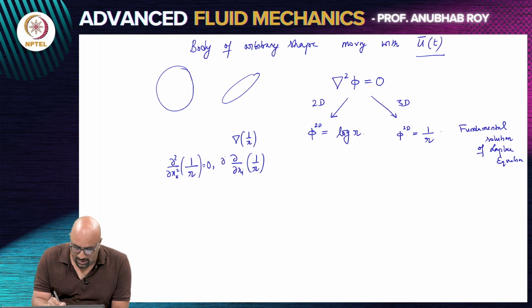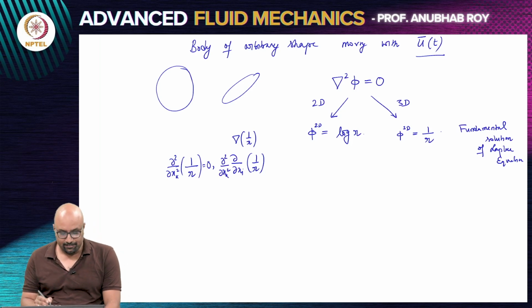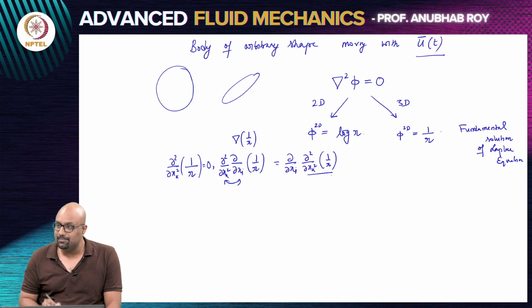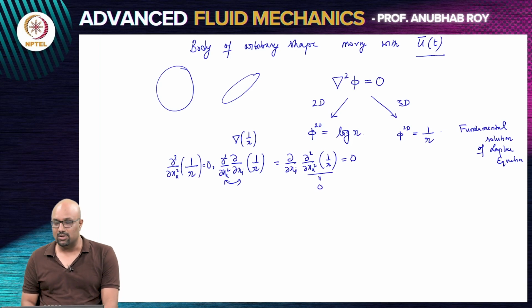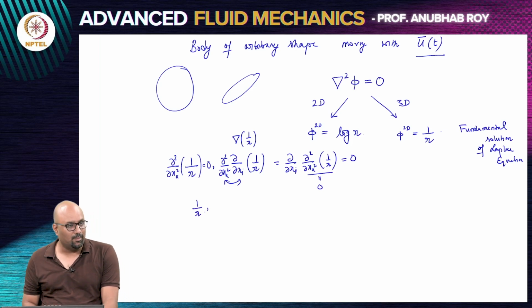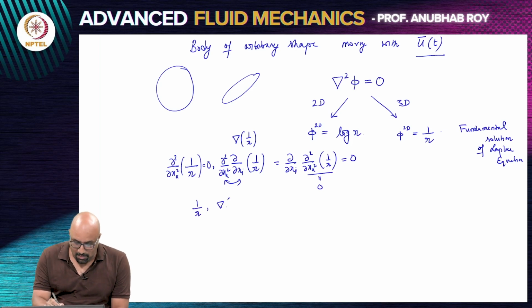So if I take a Laplacian of this, dou square dou xk square of dou xi of 1 over r, I can commute the derivatives, I will bring out the dou xi and I will have dou square dou xk square 1 over r, and what is this? 0, which means this also turns out 0. So in fact, if you know the fundamental solution of Laplace equation, then you can build solutions in this form.